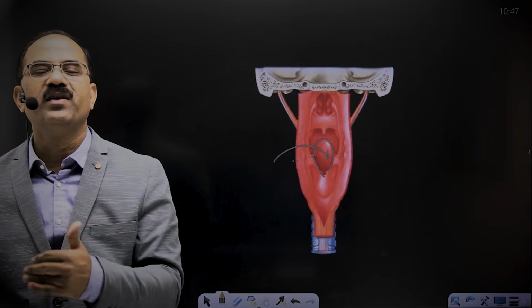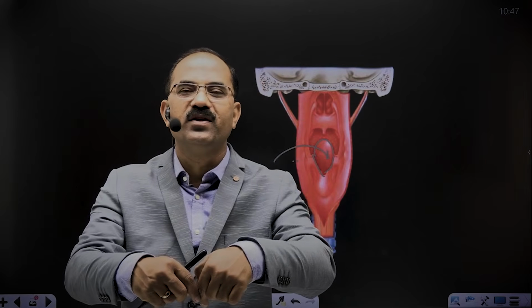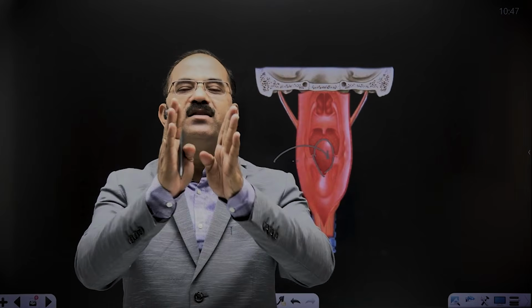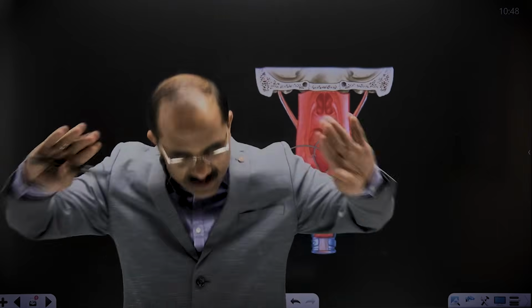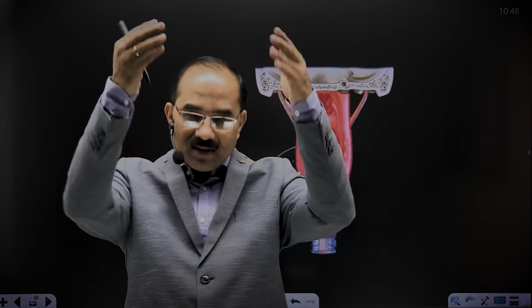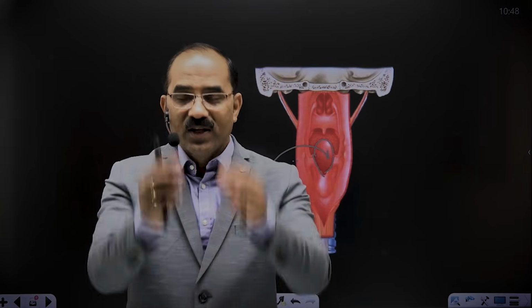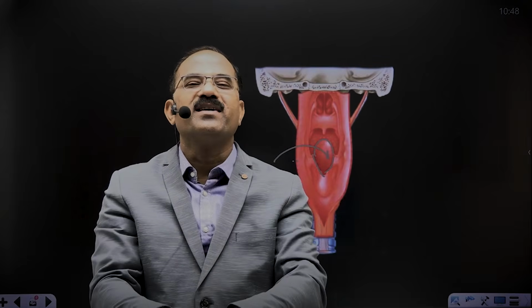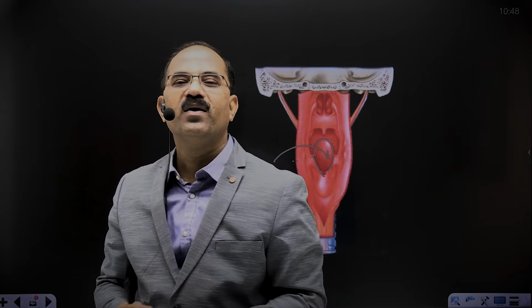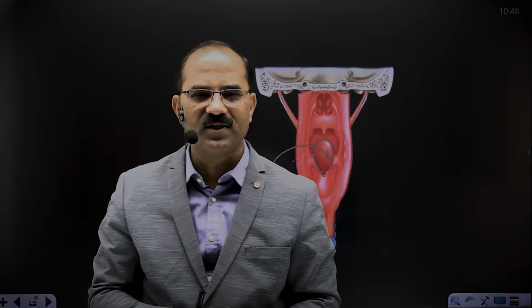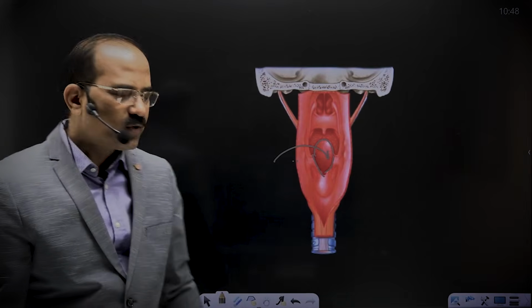Between the middle and inferior constrictor goes the internal laryngeal nerve, and below the inferior constrictor goes the recurrent laryngeal nerve. They enter the laryngopharynx and then supply the larynx. So the larynx is within the pharynx, in front of the hypopharynx or laryngopharynx. I hope this is clear to all of you students.